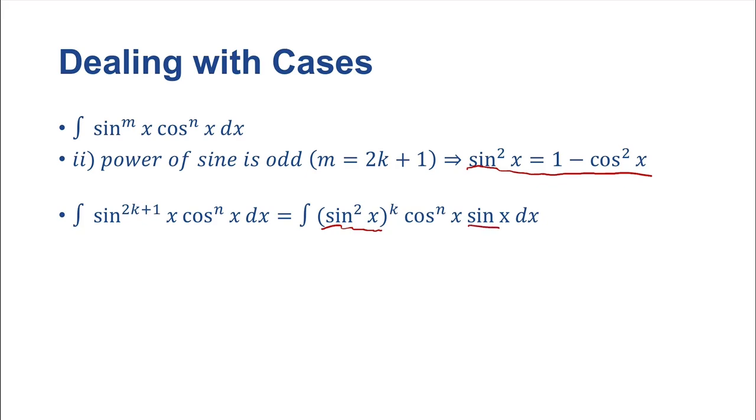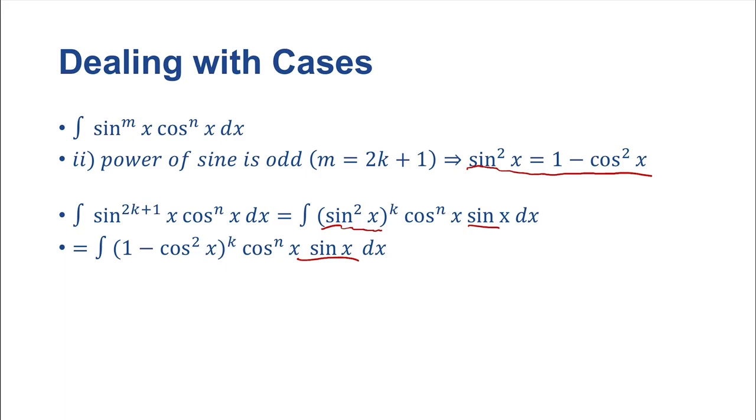So we set u equal to cosine of x once we are ready. This gives us the integral of 1 minus cosine squared of x, quantity to the kth power, cosine to the n of x, sine of x dx. Again, we're prepared for that u substitution as we have the sine of x there. Again, simple arithmetic and algebra will take us to our antiderivative.